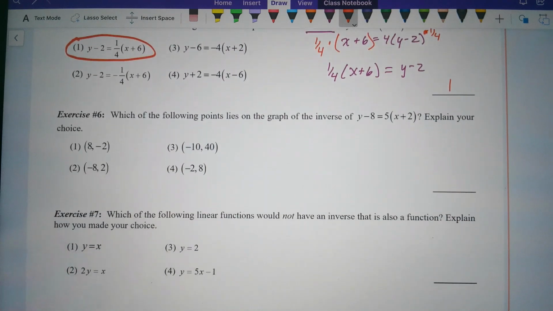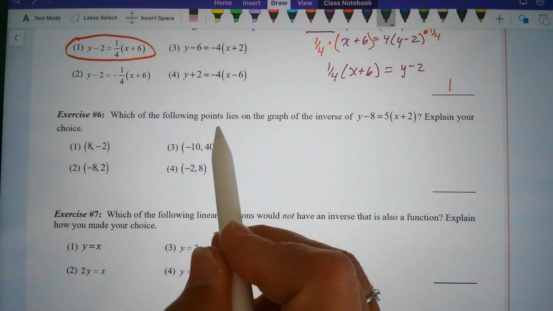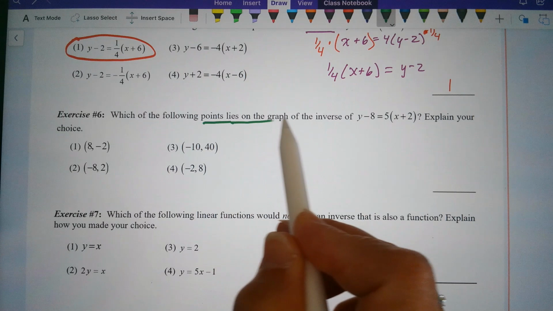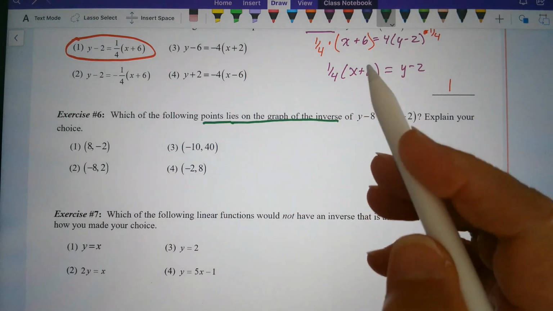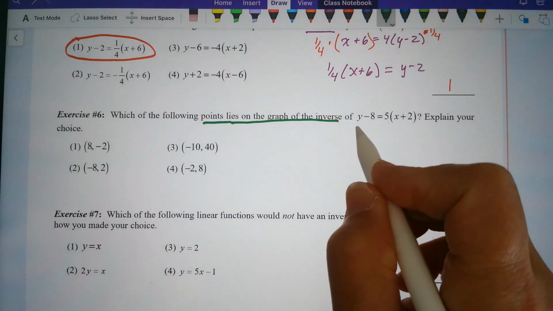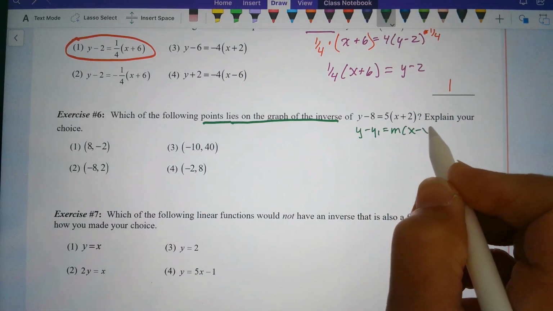Exercise number 6, which of the following points lies on the graph of the inverse? Okay, we want a point that lies on the graph of the inverse. Well, remember, this here is written in point-slope form, so this is y minus y sub 1 equals m times x minus x sub 1.